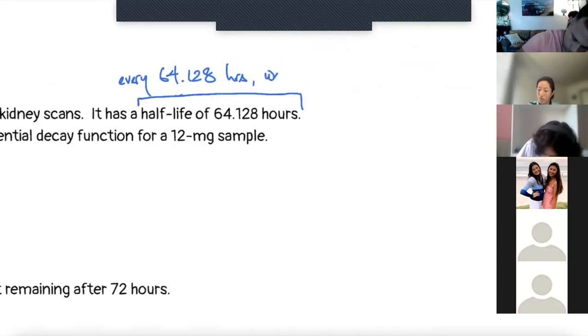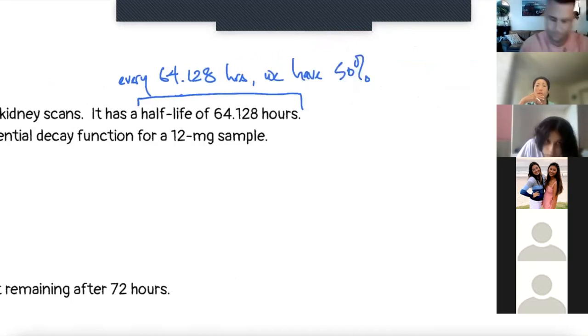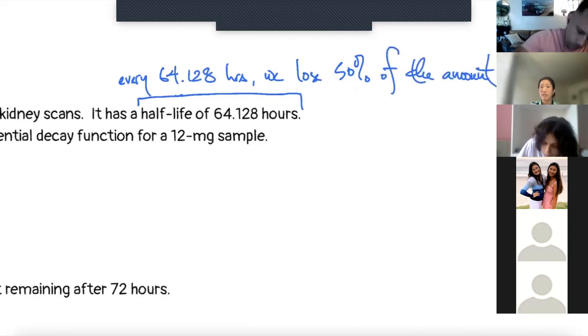Give the computer screen a moment to catch up, but every 64.128 hours, we lose 50% of the amount that we had, okay?